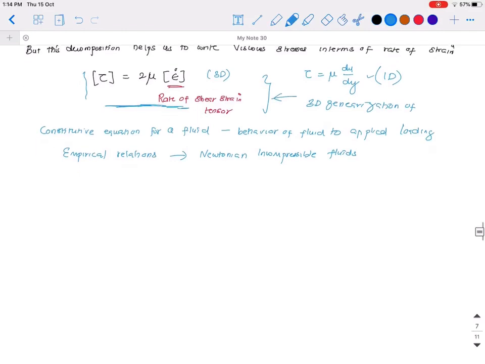Okay, so if you remember the elements of rate of strain tensor, the diagonal would be dou u by dou x, dou v by dou y, and dou w by dou z, which talks about normal strain, and off diagonal elements talk about shear strain, dou v by dou x, and it will be half dou u by dou z.